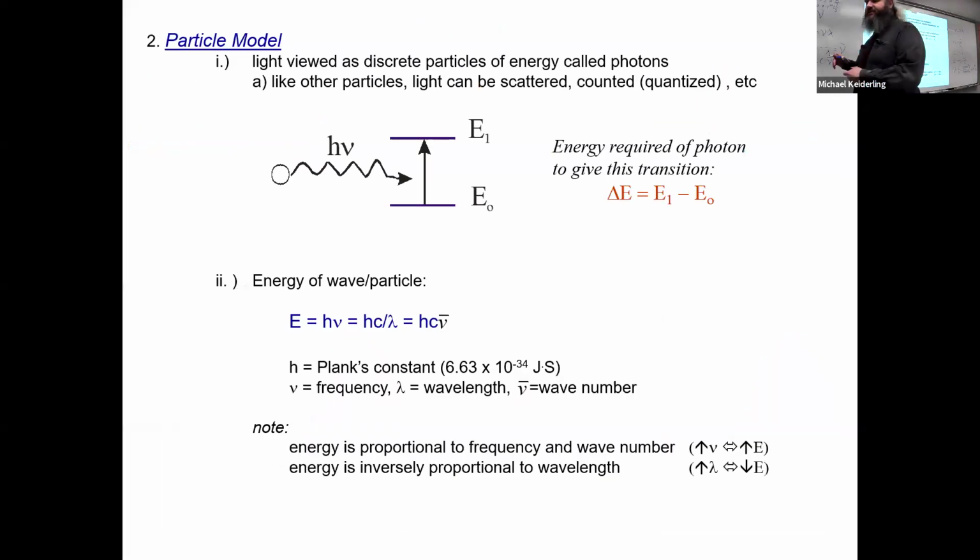Well, the other way you can think about light is as coming in little packets called photons. And like other particles, light can be scattered, counted, quantized, etc. And when you have a photon with energy hv, I can never remember which Greek letter it is, but Planck's constant times frequency, and that interacts with some system.